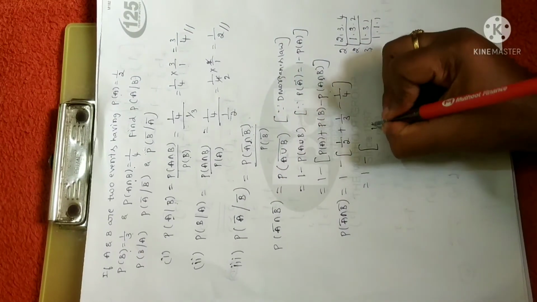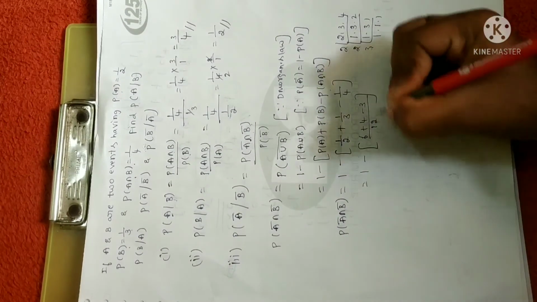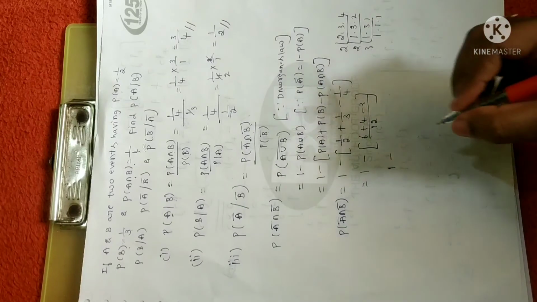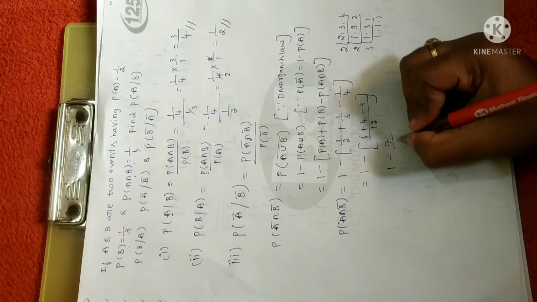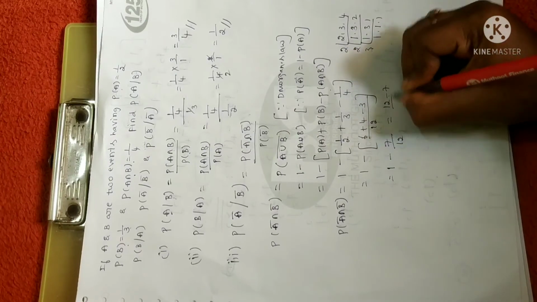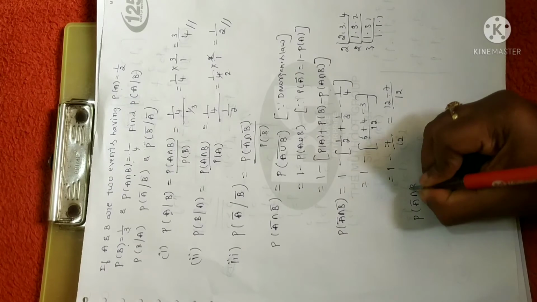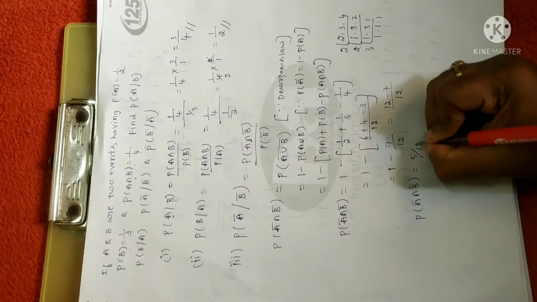So 12 is the LCM. So when you take 12 as the LCM, you will get 6 plus 4 minus 3. After simplification, I can write this as 1 minus 7 by 12, so it will give you 12 minus 7 by 12. So probability of A bar intersection B bar is 5 divided by 12.